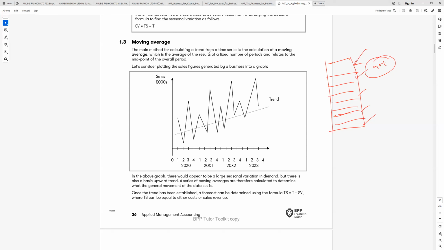So the main method for calculating a trend from a time series is the calculation of a moving average, which is the average of the results of a fixed number of periods and relates to the midpoint of the overall period. So here we can look at the trend. Now, if you're looking here, we have 4 years, year 1, year 2, year 3, and year 4. Every year has 4 quarters. So 1, 2, 3, 4, 1, 2, 3, 4. You can see here, the sales is always going up in quarter number 3.